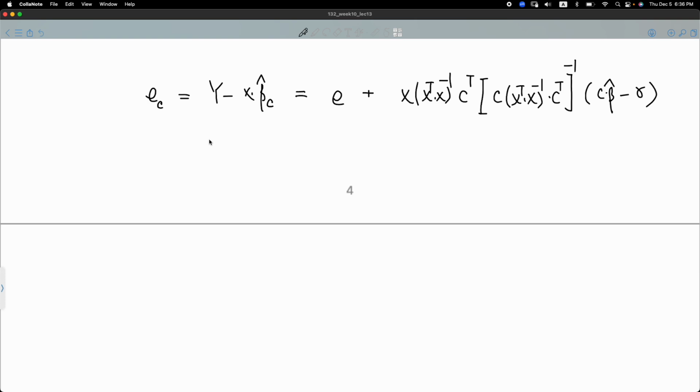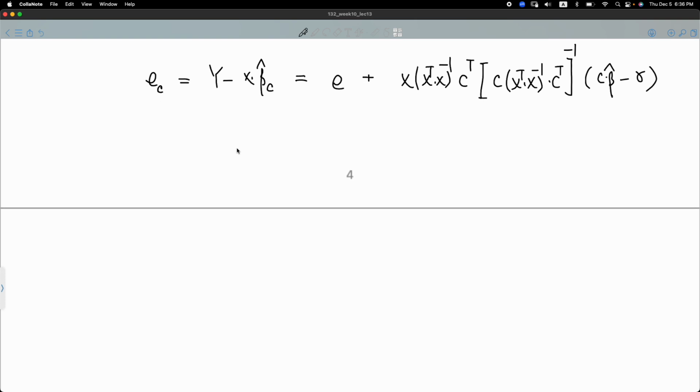There's also another very important concept, which is called the sum of square residual. Here I'm just going to use SSE. And here C refers to the sum of square of the residual under the constraint model. And then you will also have a sum of square residual under the unconstrained model. So this is just E transpose E with subscript C. When you take the inner product, E transpose E, that's the square, and then you sum them together.